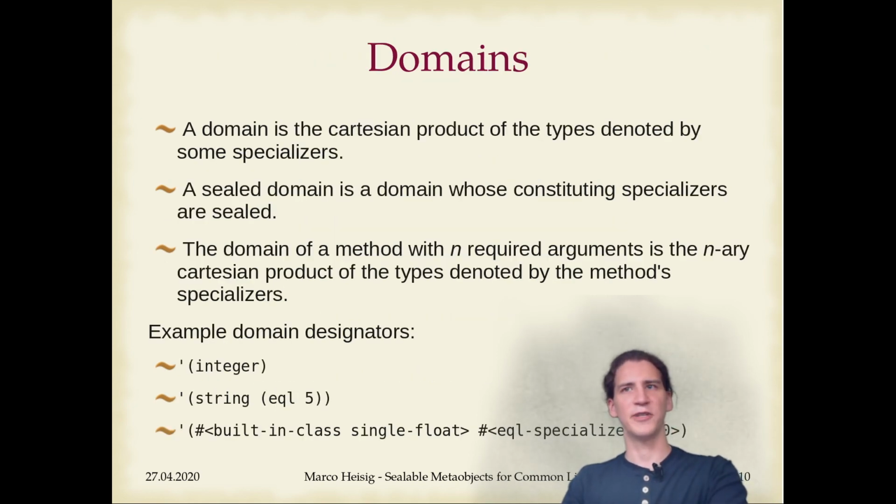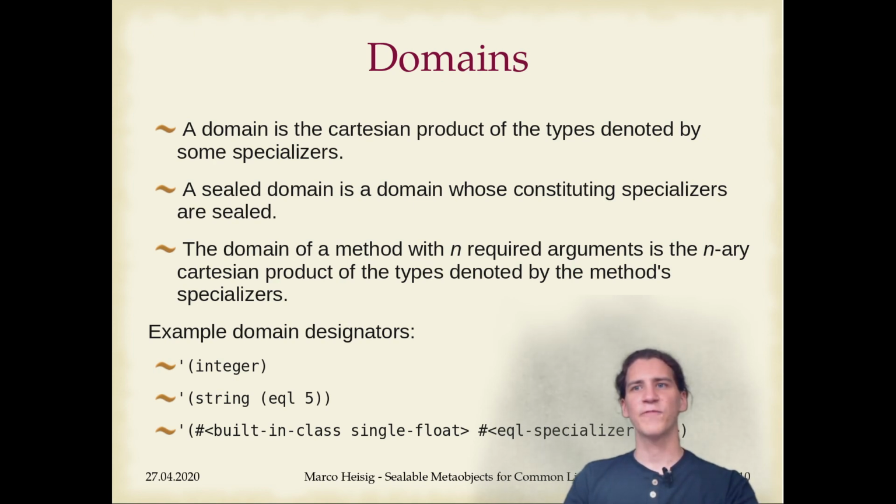Another concept we need to introduce is that of domains. A domain is the Cartesian product of the types denoted by some specializers. A sealed domain is a domain whose constituting specializers are sealed. That means either they are a class that is sealed or an EQL specializer whose object is an instance of a sealed class.